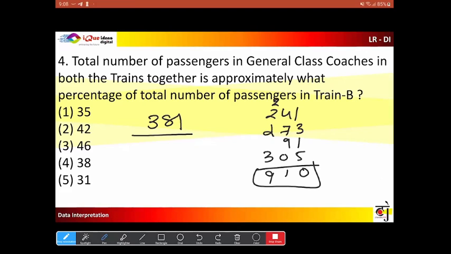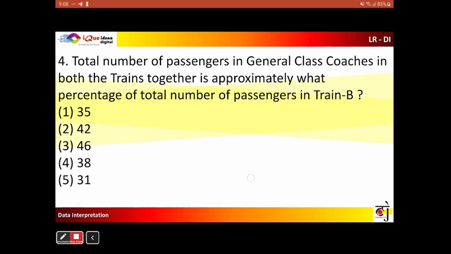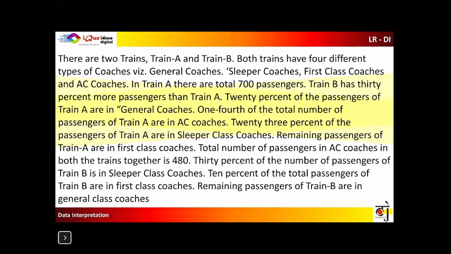It is 241. So this total is 381, divided by the total number of passengers in train B, which is 910. So 381 is what percentage of 910? Calculate that. The percentage of general was already given as 38%. Here it is 42. The remaining is there, right?